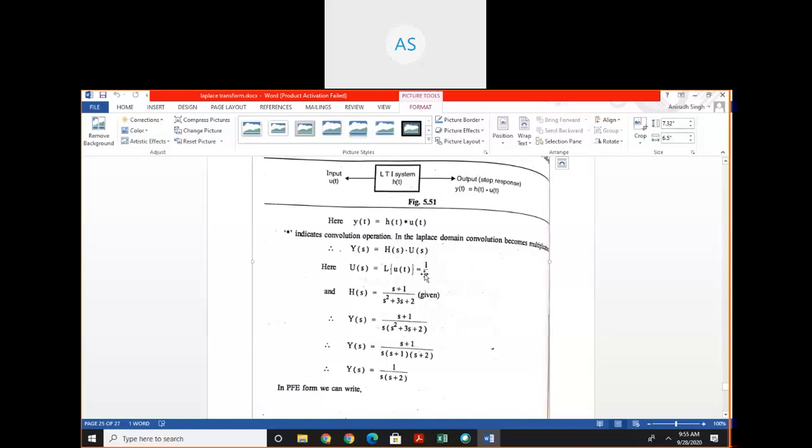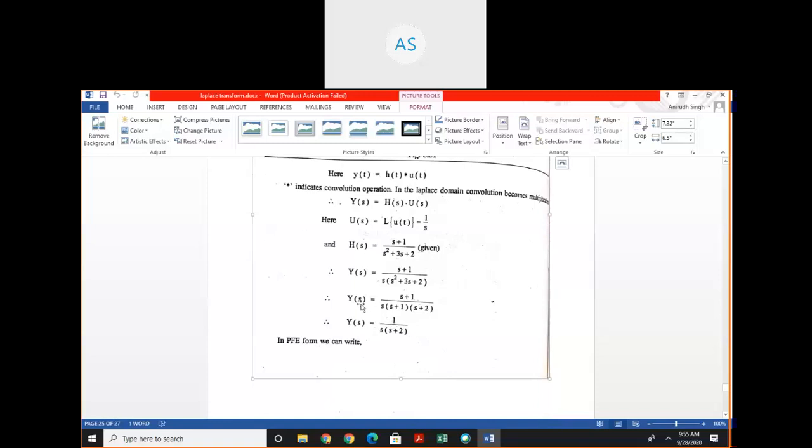Output is equal to h of t convolution u of t. It means yt is given by h of t convolution u of t, and if we take the Laplace transform of this, since it is convolved in the time domain, in the frequency domain it is multiplied.